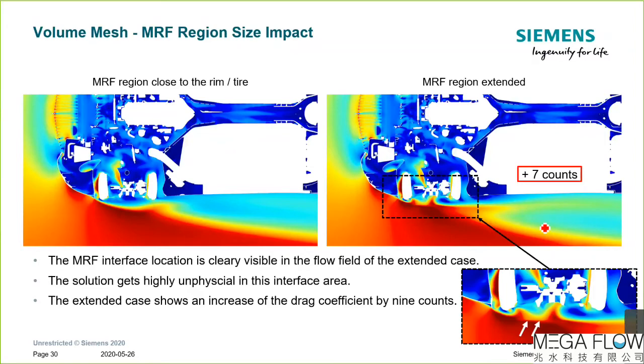And we can also see that it obviously has an impact on the integral values. It is an increase of 7 drag counts only due to numerics, and that's not what we want. So that's, again, why we recommend to be very careful in placing the MRF volume. Make sure that you don't have a lot of tangential inflow into the MRF region.